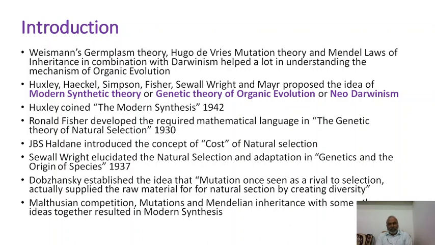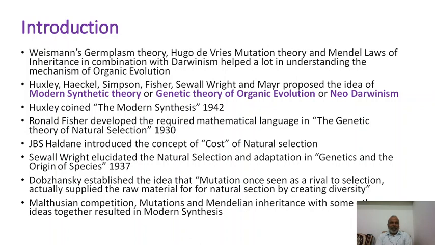Darwin explained the very important idea of natural selection, but the scientific way of natural selection was explained in this theory. Natural selection is not the only main force of evolution; there are several other forces favoring the evolutionary process. We are going to discuss all of these forces in modern synthetic theory.